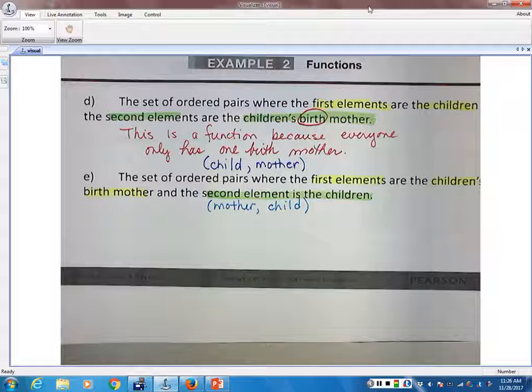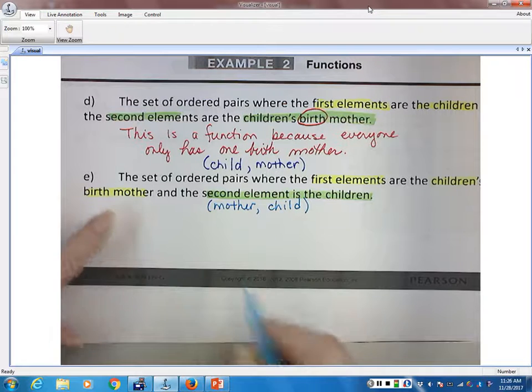But there's nothing that says there has to be a range value for every single domain value. Some domain values may not have a value in the range, because for whatever reason that range value might be undefined, and we'll talk about that later. But a mother can have no children, one child, two children, or 10 children.